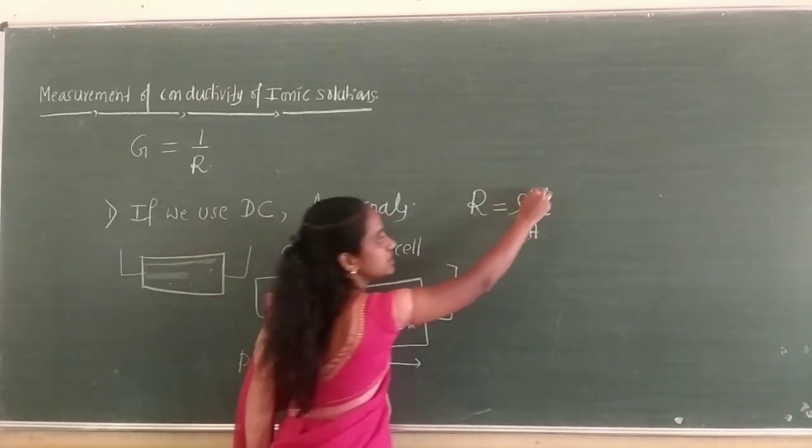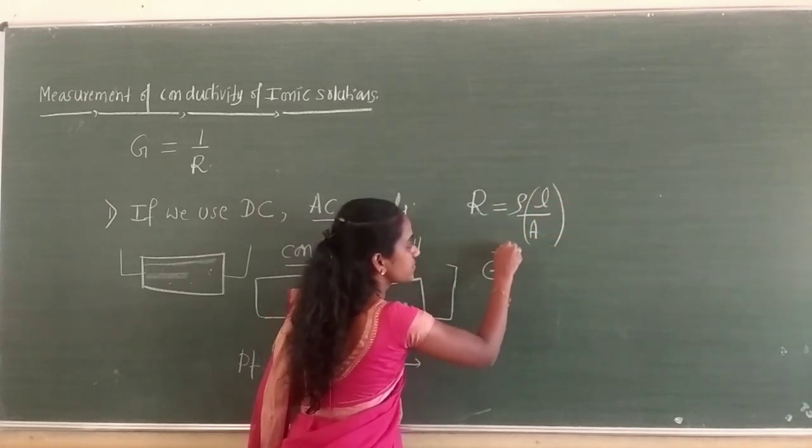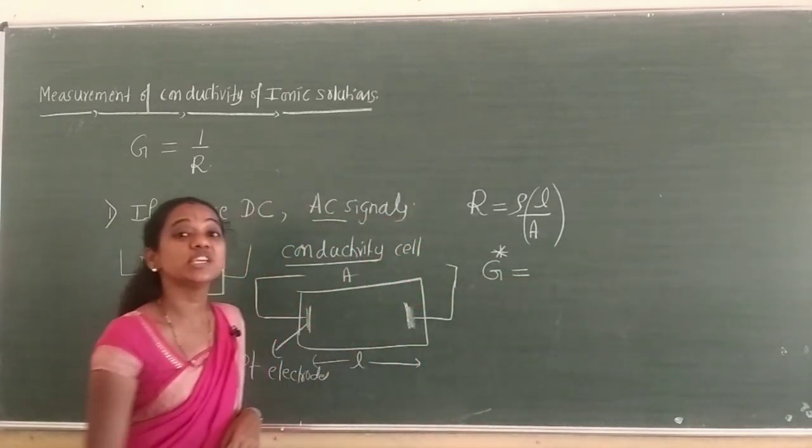The term L by A is known as the cell constant, which is represented by the symbol G star.